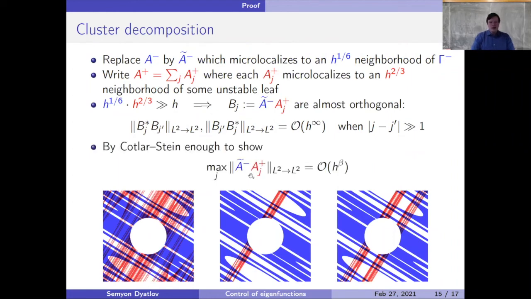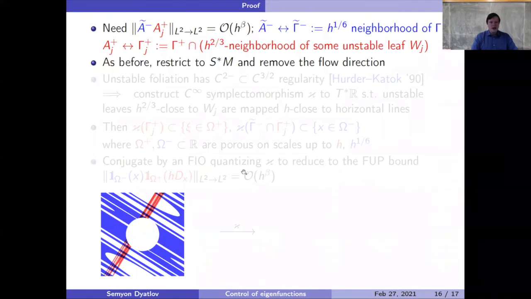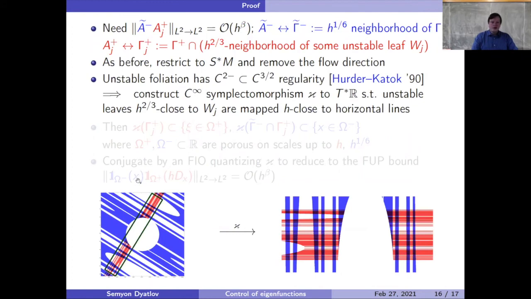And then by Cotlar-Stein, this means that you can really reduce your situation to just having one red piece and the blue piece, because the triangle inequality really becomes a maximum in this almost orthogonality business. And the way you do that is that the red piece is fairly thin, and the unstable foliation is not C-infinity, but it's C2 minus. So you use the fact that it has at least strictly bigger than C1 regularity, which is true in dimension 2.